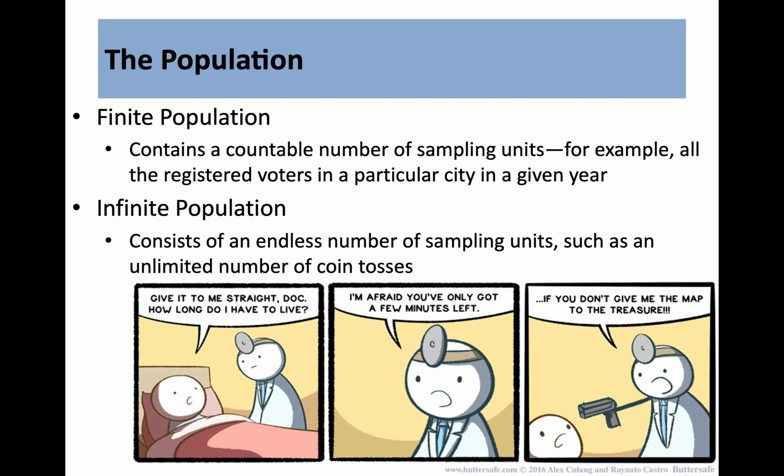A finite population contains a countable number of sampling units, for example, all the registered voters in a particular city in a given year. An infinite population consists of an endless number of sampling units, such as an unlimited number of coin tosses. So a finite population would be, well, just as they said, the registered voters in a given year.